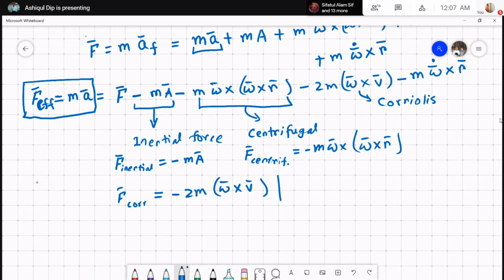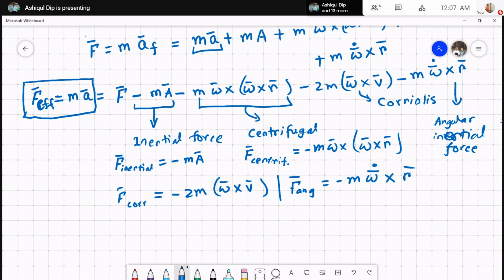We call it the angular inertial force, F ang. This is negative m omega dot cross r.